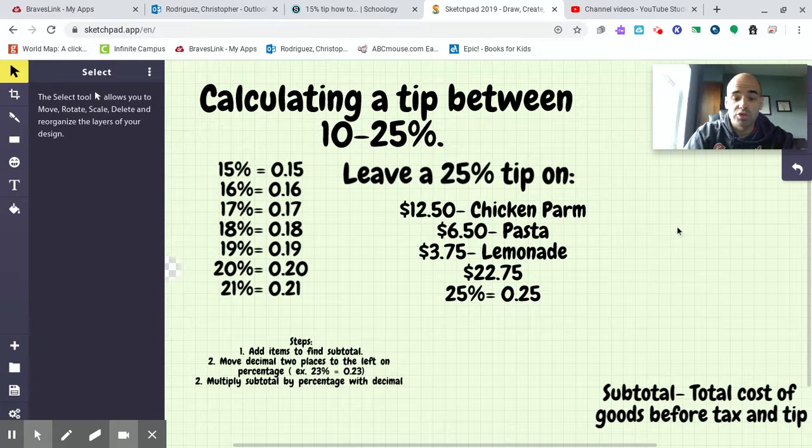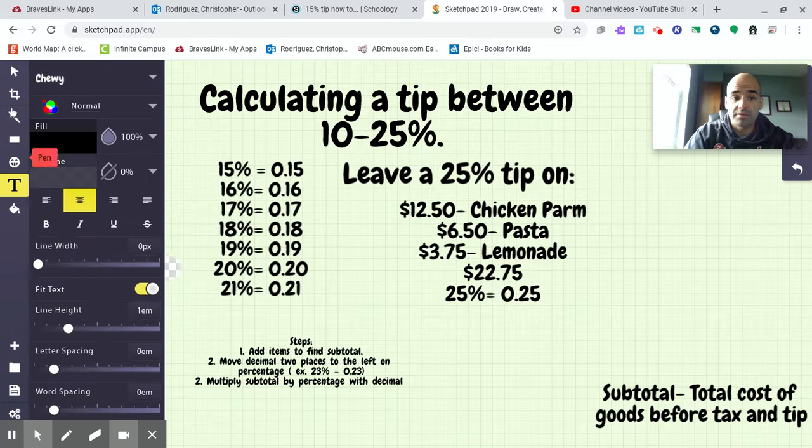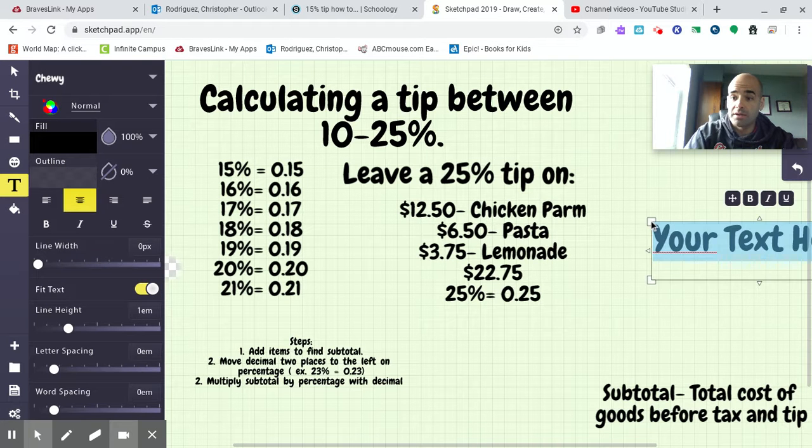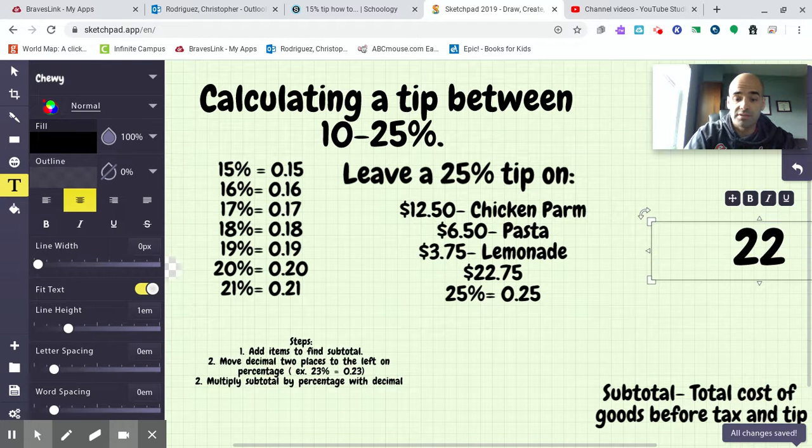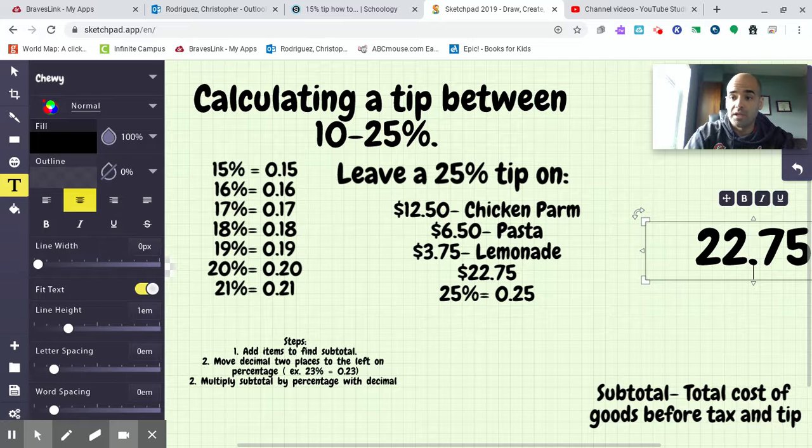So we have our subtotal, which is $22.75. And we are going to be multiplying the subtotal by the percentage as a decimal, which is 0.25 to figure out the tip.